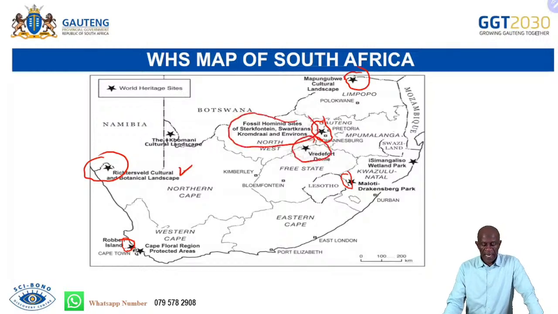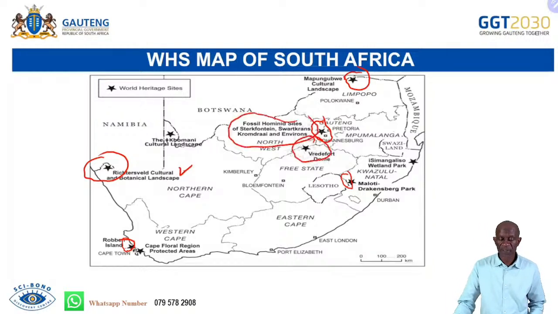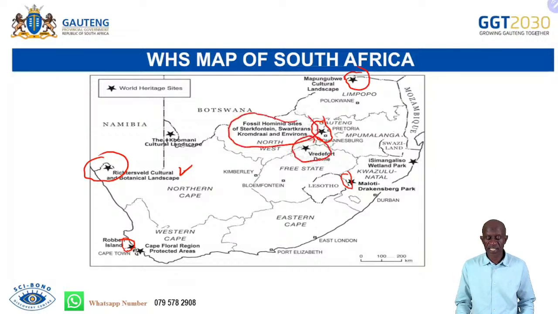So, like I've indicated before, it is of paramount importance to relate these World Heritage Sites to the provinces within which they are found. World Heritage Sites cannot be studied in isolation. You need to have knowledge of the places where these World Heritage Sites are found.